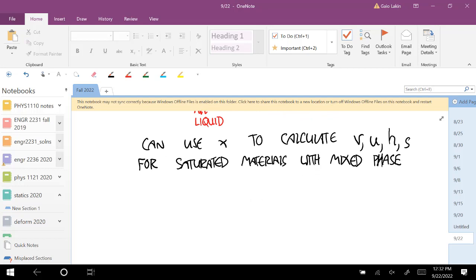And that formula is, if you call that property Q, the total Q is equal to x times that Q for vapor plus 1 minus x times Q for the liquid.